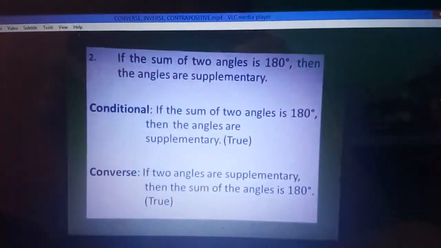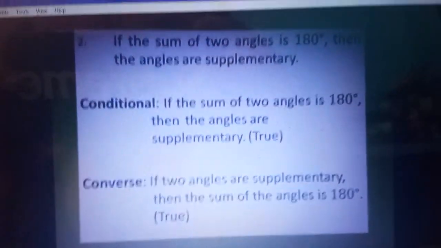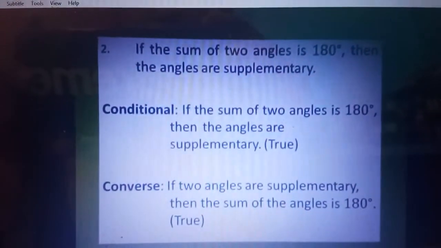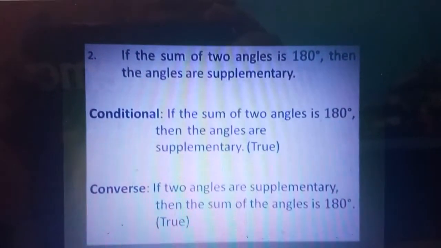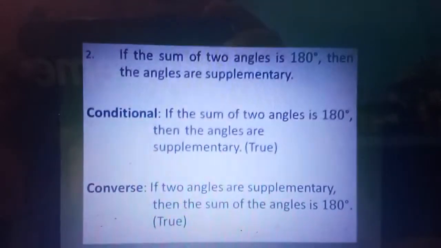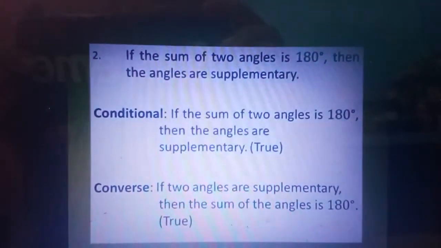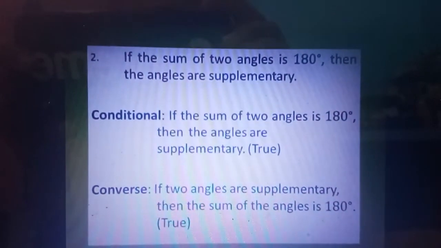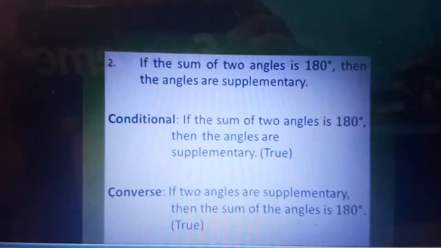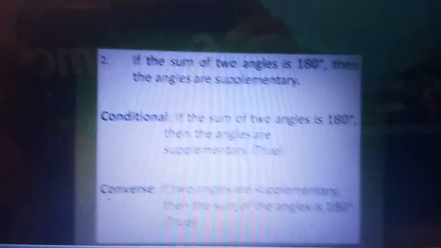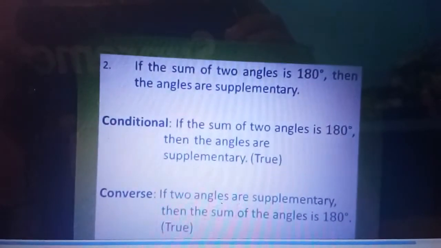Another example: if the sum of two angles is 180, then the angles are supplementary. Again, our conditional: if the sum of two angles is 180 degrees, then the angles are supplementary. The converse, with the form if Q, then P: if two angles are supplementary, then the sum of the angles is 180.